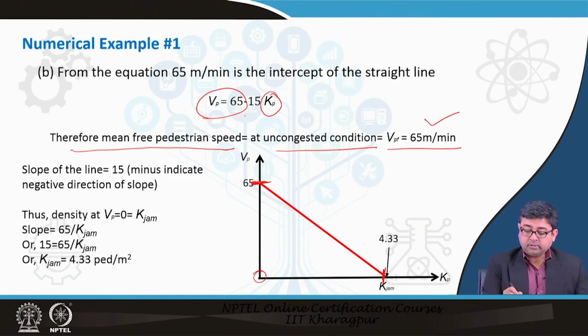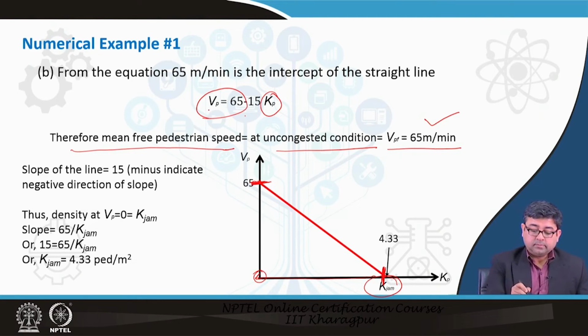So, now you know your first point is here. Secondly, the slope of the line is minus 15 times the Kp value. Also, the point at which this curve cuts the x axis is called the jam density. At jam density the speed becomes 0.